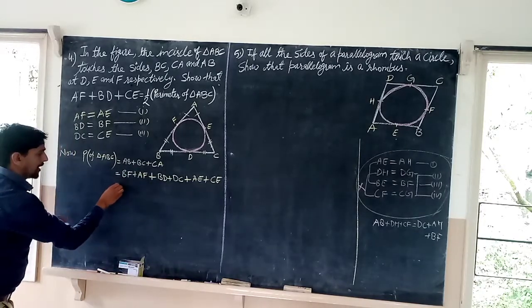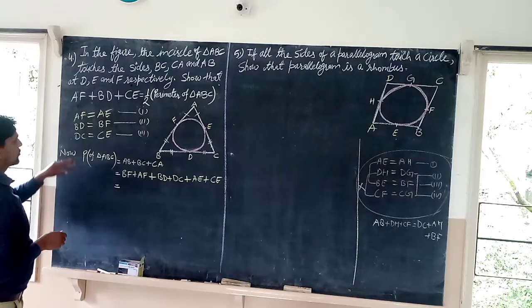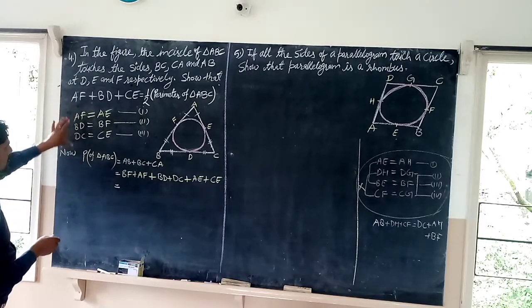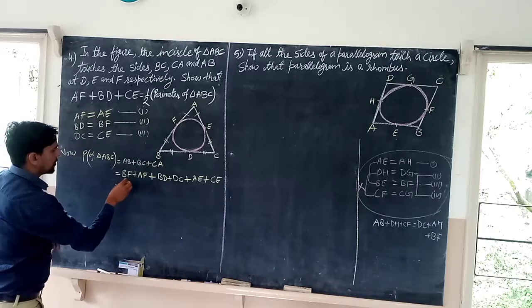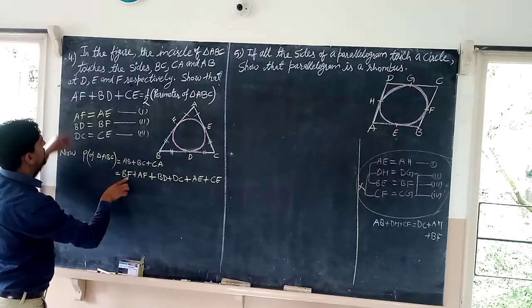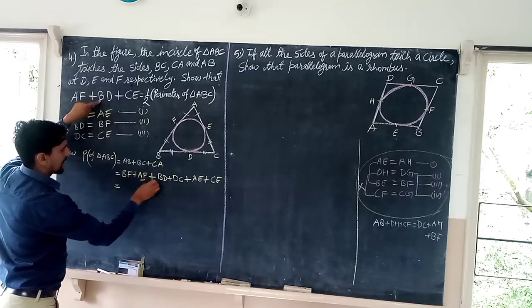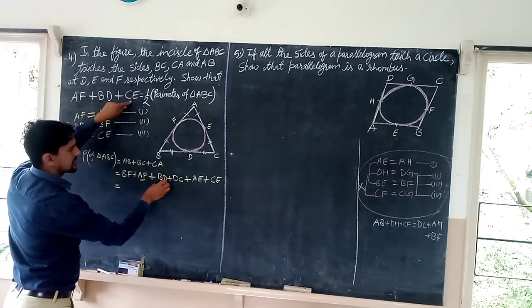Now the next step is we have to use the given information also. So let's write it down. I need AF, I need BD, and I need CE.